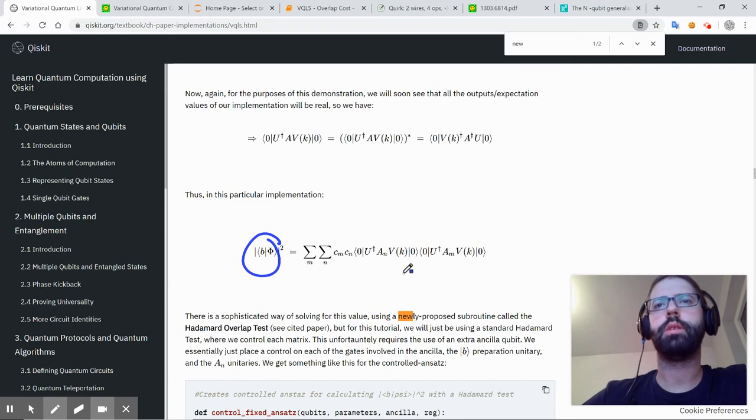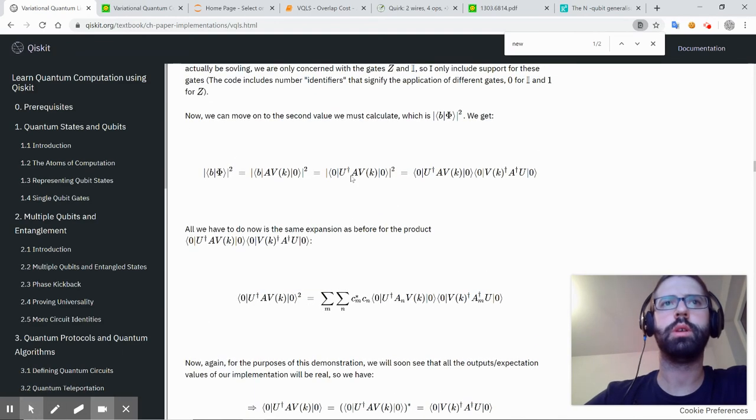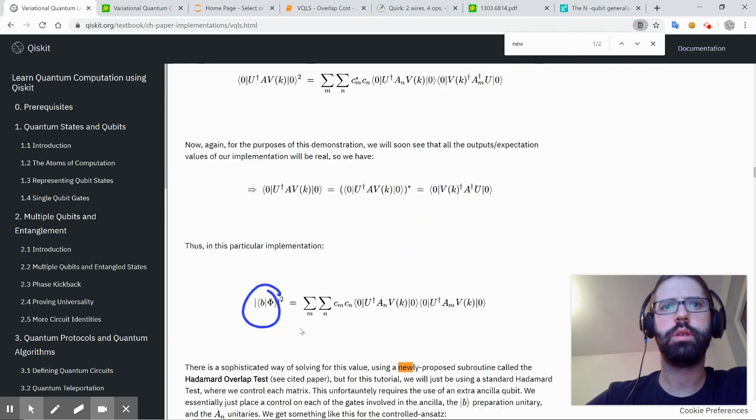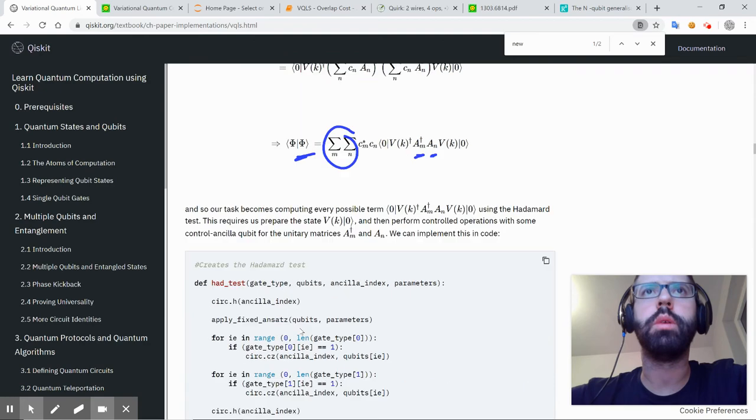What are these? Set expectation values, or what are these? What is this U transpose here? Like, what is this unitary? That's what's confusing me.